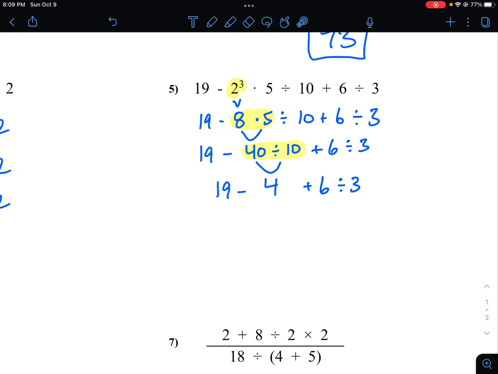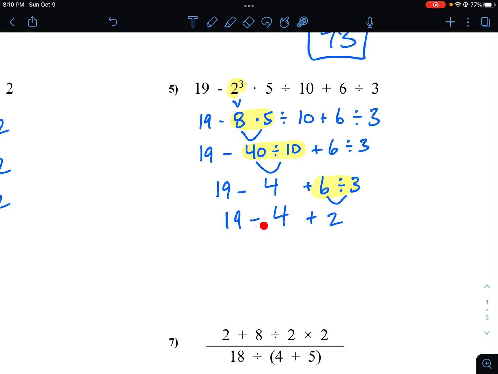Okay, what's next? We still have division right here, so we've got to take care of all of it. By the way, some of you may think, could I have divided that on its own before? Yes, you can. But let's not worry about that. You'll figure out the shortcuts as you do more of these kinds of problems and get them right.